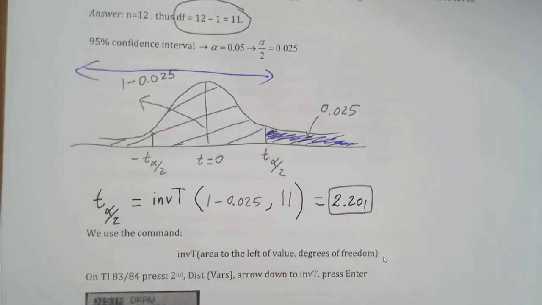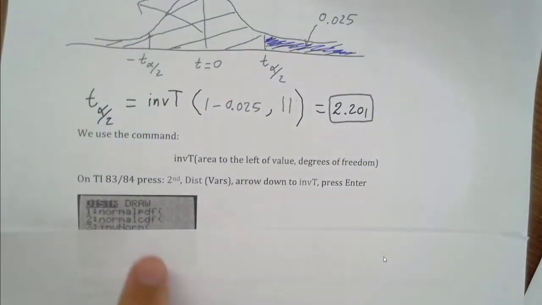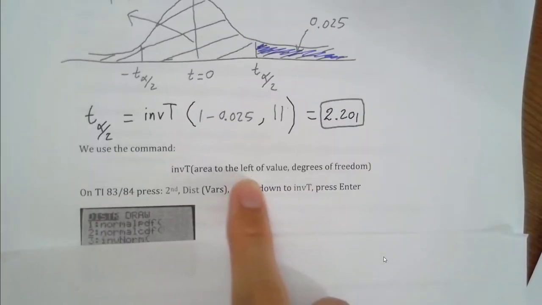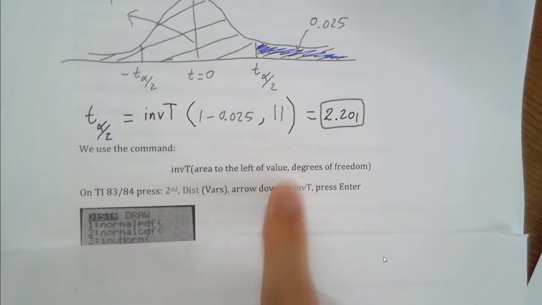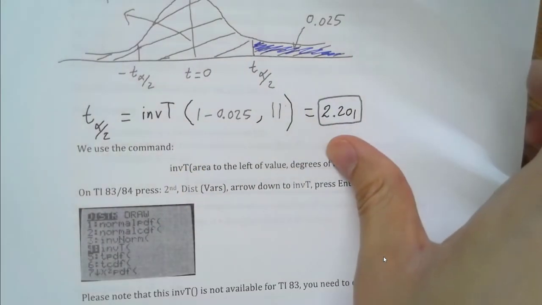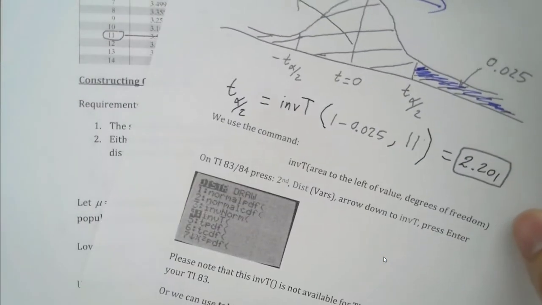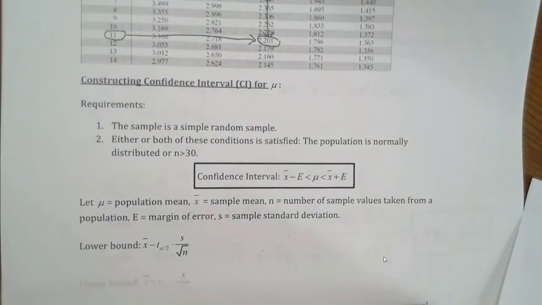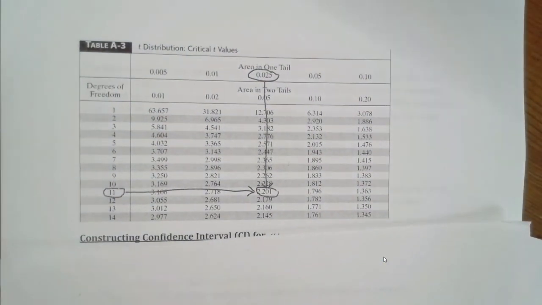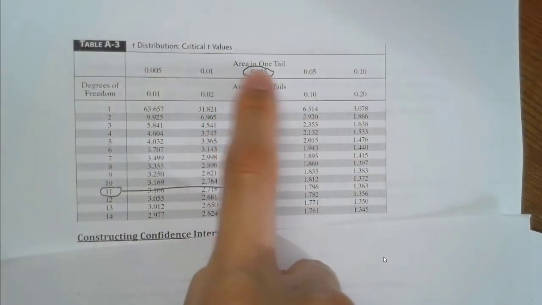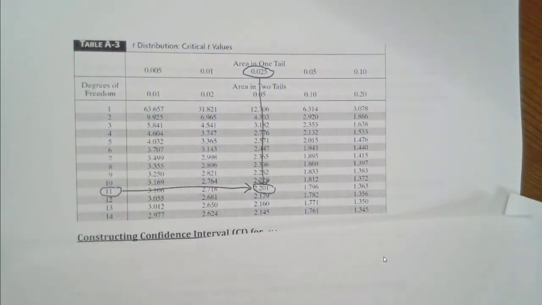Okay. And this is just the command that I just showed you. INV inverse t, area to the left, degree of freedom. And that is how you find the t alpha over 2. Or you can find that using the t-distribution table, and we are looking for the area of the right.